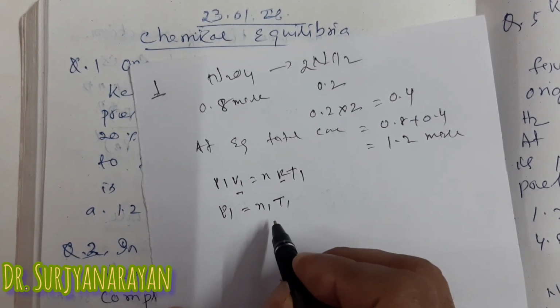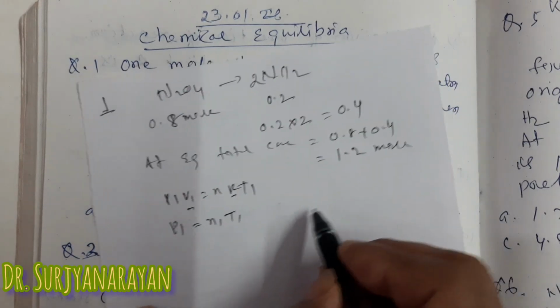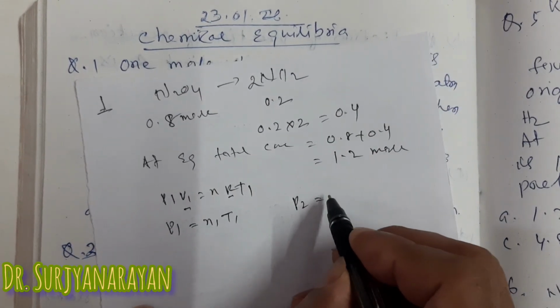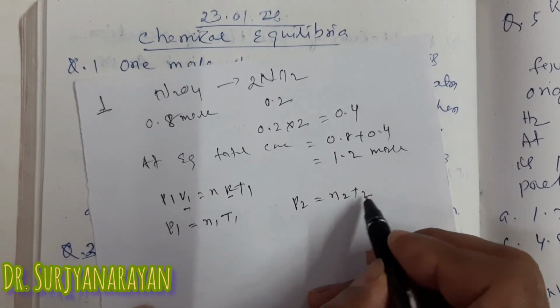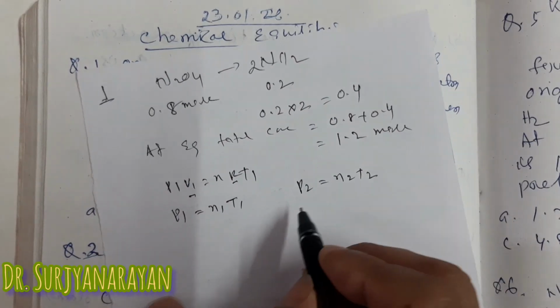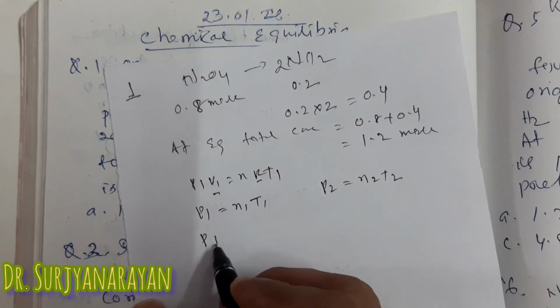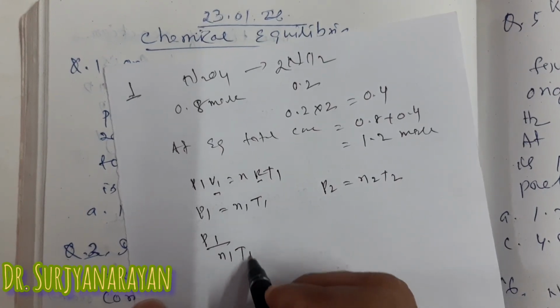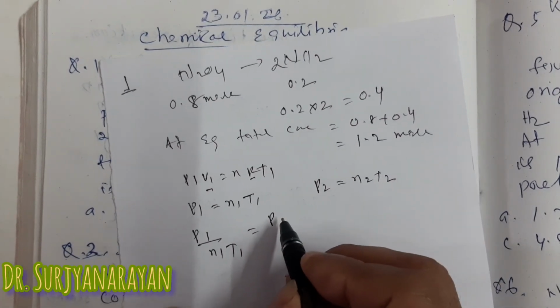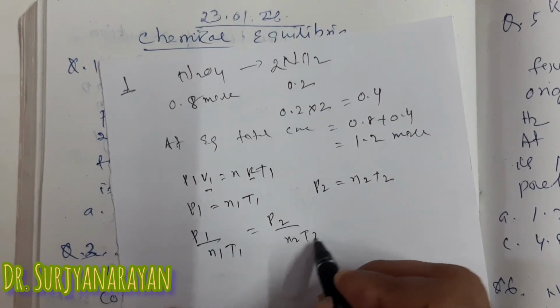This is the relation. Similarly, P2 is proportional to N2T2. So P1 by N1T1 is equal to P2 by N2T2.